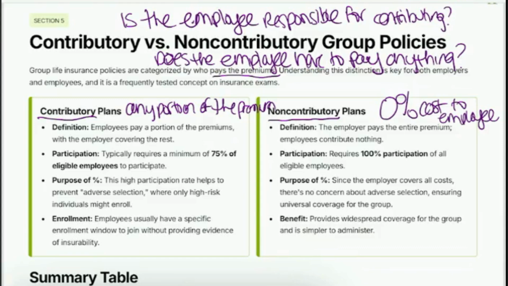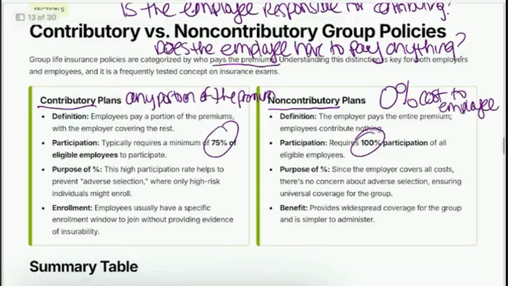Okay, so you need to understand what the two terms mean, right? Which falls into what. And then you need to remember these two numbers. If the company is requiring that you pay part of your portion for your group policy, then it needs to require a minimum of 75% of eligible employees to participate, right? So they have to offer it to everybody.